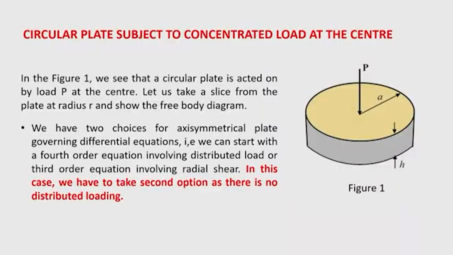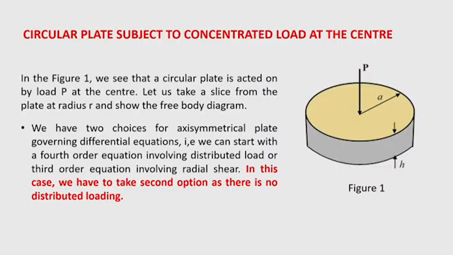So, practically if such load occurs in the plate, especially the concentrated load at the center, then we can find in the vicinity of the load the bending moment to the right and left of the load, and we can take the average of these two quantities to find the bending moment at the center. Okay. So, let us go to the topic.